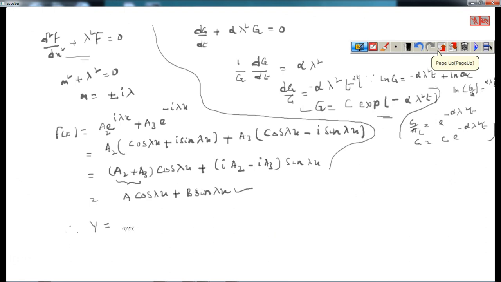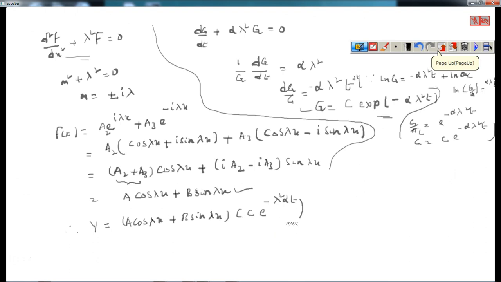T is given as t minus ts. So y is equal to A cos lambda x plus B sin lambda x into C e to the power of minus lambda square alpha t, right?